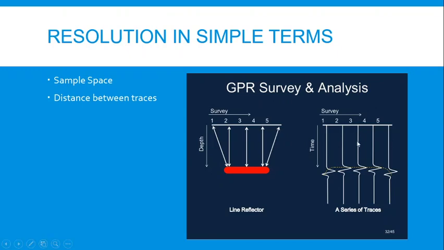So the number of points in a trace has to be very high if we are going for a higher resolution. There are various terminologies used by different manufacturers, so in simple terms, the separation between two individual samples in a single trace has to be minimum, or we can say the number of points in a single sample has to be maximum, for a better radial resolution.